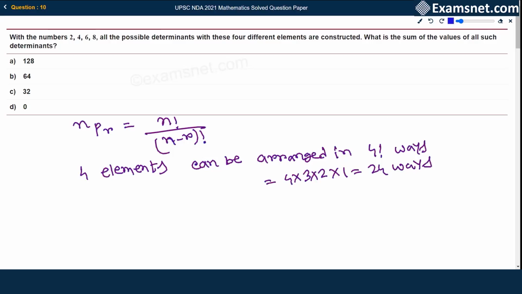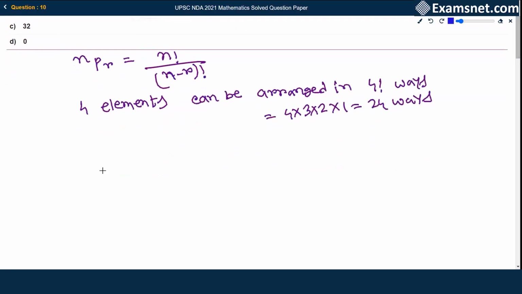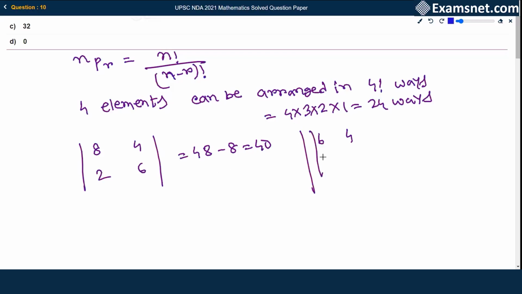Now what will be the sum of those determinant values? Let me check a few determinants. First, let me take 8, 4, 2, 6. This gives 48 minus 8, which is 40. Also I can take the determinant 6, 4, 2, 8.